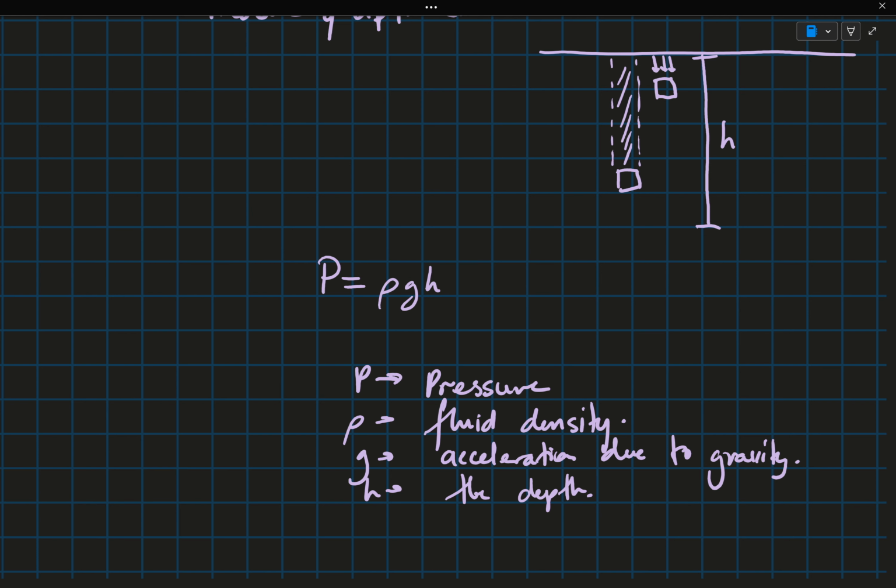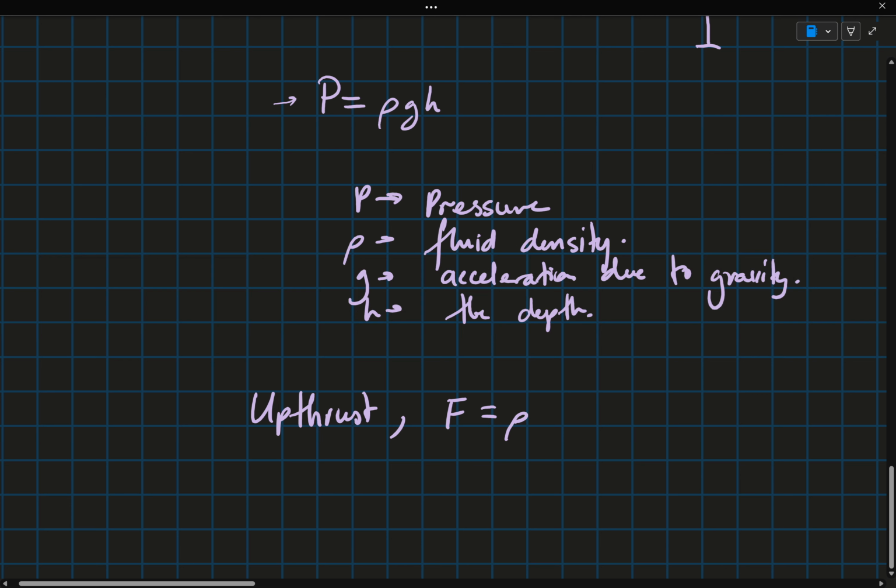So the force upthrust is equal to the density of the fluid rho times the acceleration due to gravity g times the volume of the thing displaced. So that's what we're looking at.